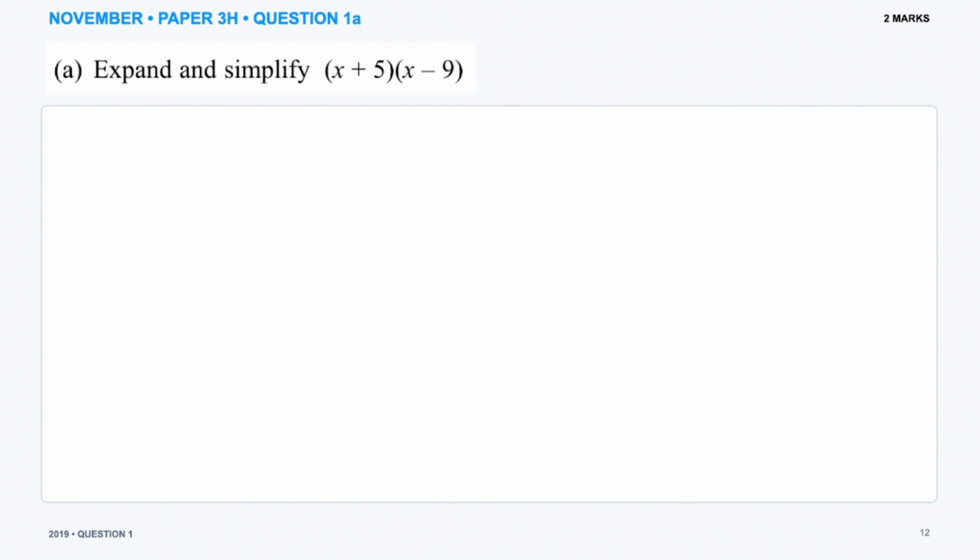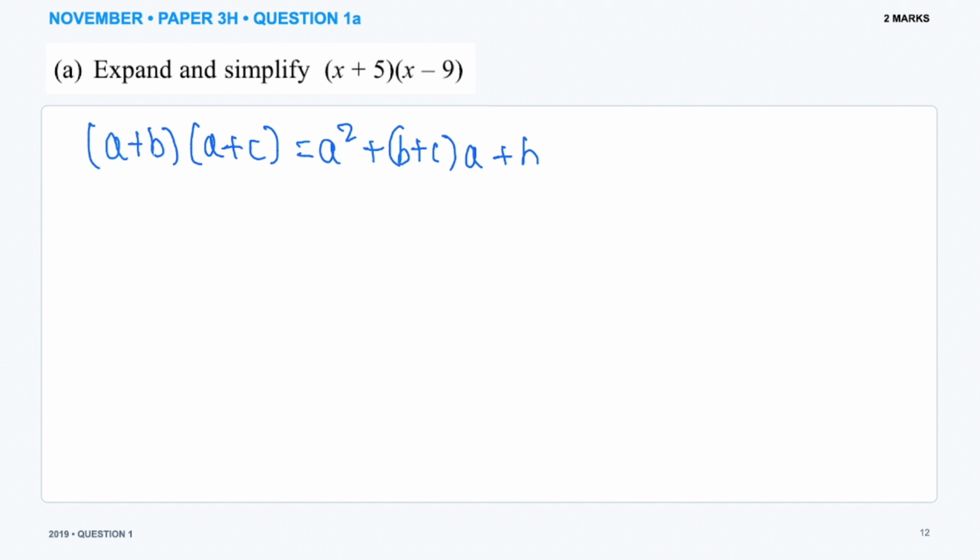So this is a double bracket question, so we can use the formula a plus b multiplied by a plus c equals a squared plus b plus ca plus bc. But we're going to do it the simple way this time. We're just going to multiply all the terms out.